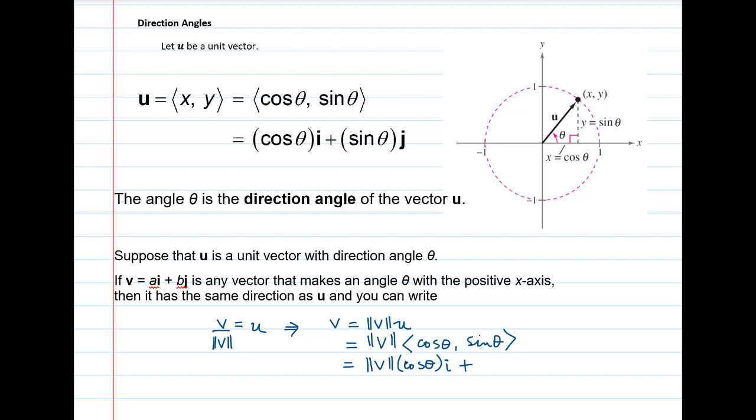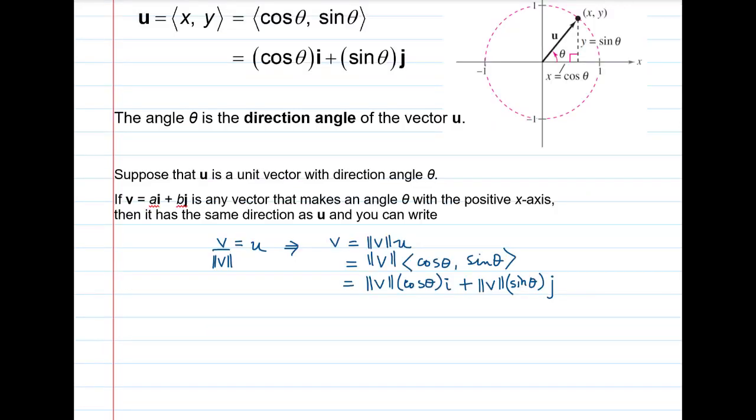So solving for v, I get that. And since u is cosine theta comma sine theta, I can replace that for u, and the magnitude of v is just a scalar, so I can distribute that, write it as a linear combination of the i's and j's, and have this final representation of vector v, right?